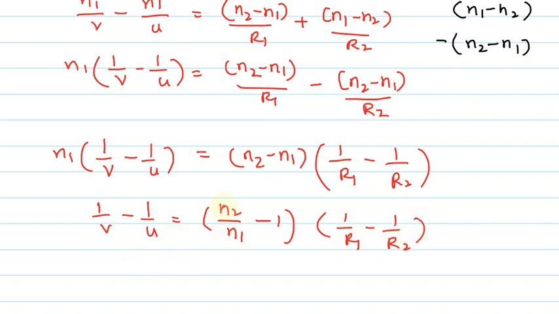Here N2 by N1 can be written as the relative refractive index, N subscript 2 superscript 1. So we can write 1 by V minus 1 by U is equal to N2 subscript, N1 superscript, minus 1 into 1 by R1 minus 1 by R2.